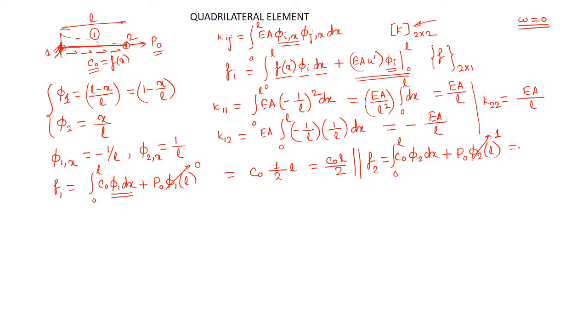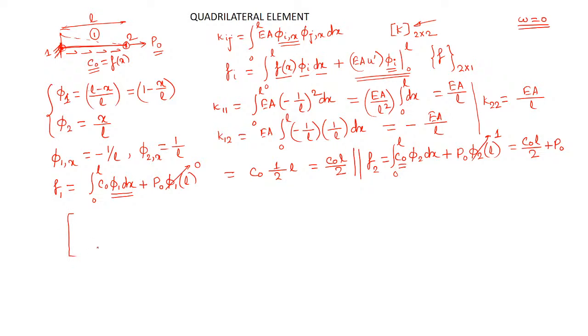So that gives us C naught into L by 2, as it is, because C naught is constant and the integral of phi 2 dx is basically the area, that is L by 2, plus P naught, because phi 2 at L is 1. Fine. So we got F1, F2, and we got K11, K12, K22.